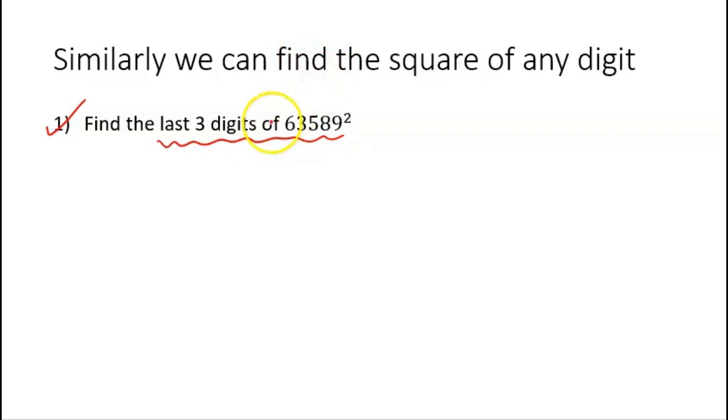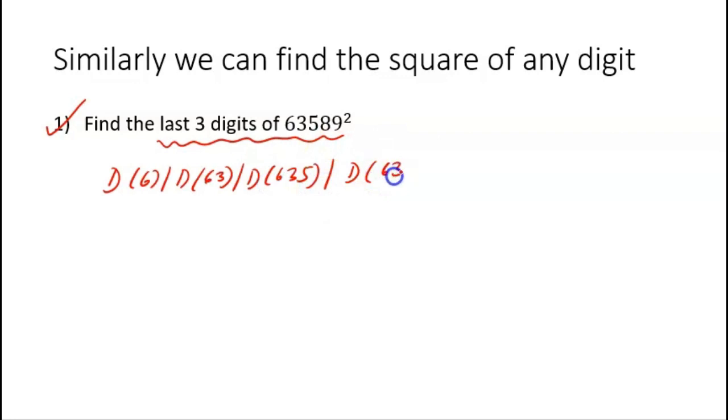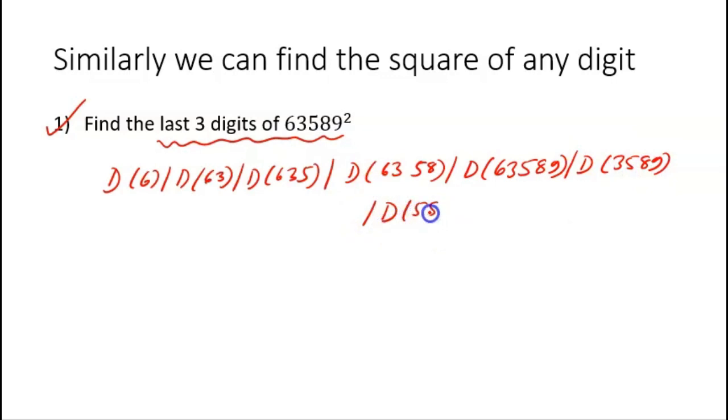So just to understand it, first of all, if I ask you how will you find the square of this number, it will be like duplex of 6, duplex of 63, duplex of 635, then duplex of 6358, then duplex of 63589, then duplex of 3589, continuing, duplex of 589, then duplex of 89, and then duplex of 9.